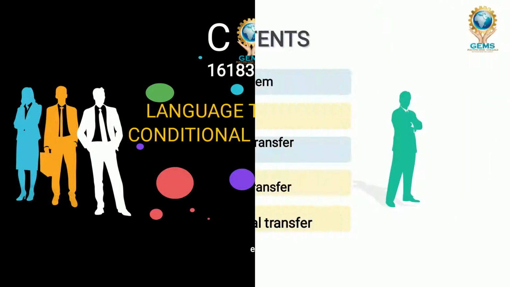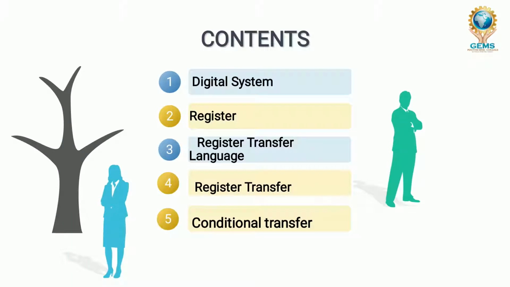We will see the contents of this lecture: digital system, register transfer language, register transfer and conditional transfer. If you want to focus on a particular thing according to the syllabus, the fifth content is related to your syllabus, given in your subtopic.